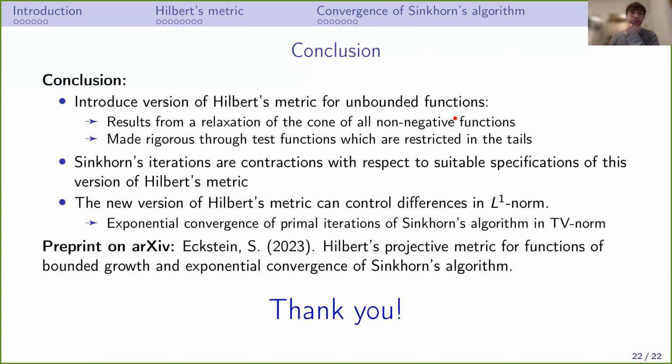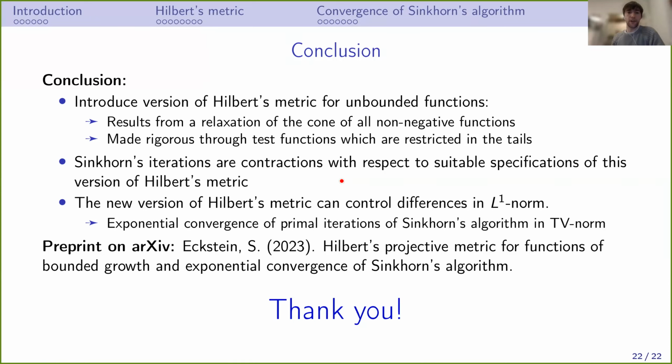So in conclusion, I wanted to introduce this version of Hilbert's metric, which is suitable for unbounded functions. As shown, this results from a relaxation of the cone of all non-negative functions. And this is made rigorous through test functions, which are suitably restricted in the tails.